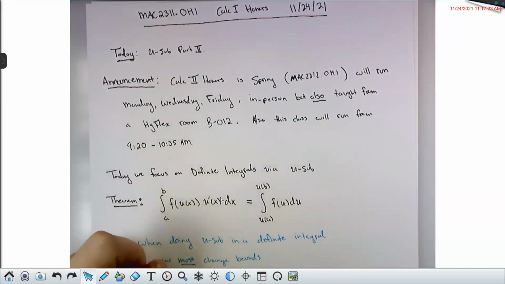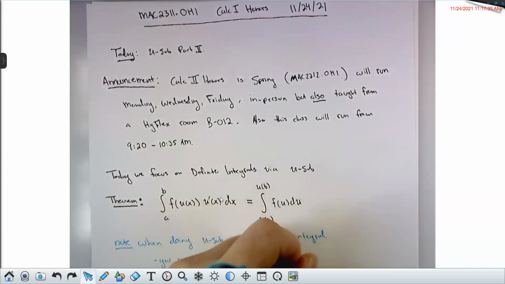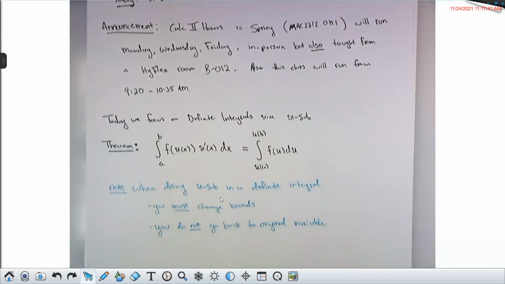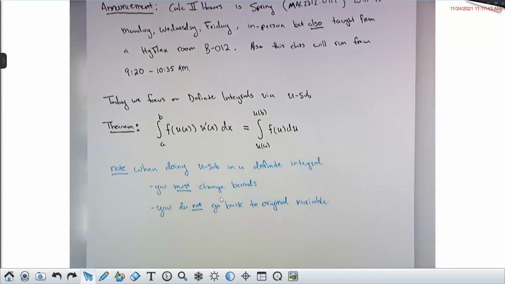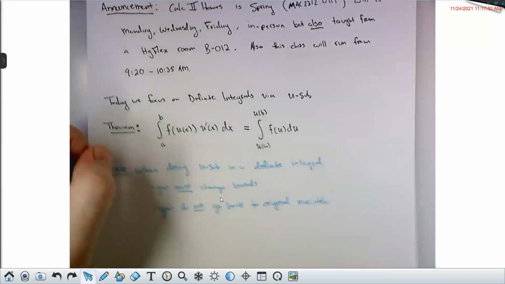And you do not, this is good news, do not go back to the original variable. So the blue notes here are to contrast what you do with an indefinite integral. When we did u-sub in an indefinite integral, there were no bounds, so we didn't have to worry about changing any bounds.